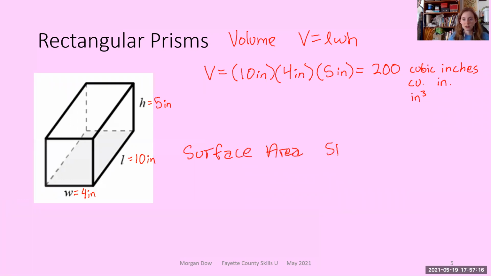So you should see that the surface area is equal to 2 times the length times the width, plus 2 times the length times the height, plus 2 times the width times the height.